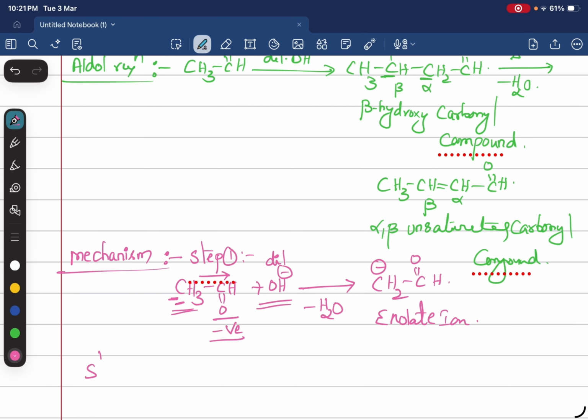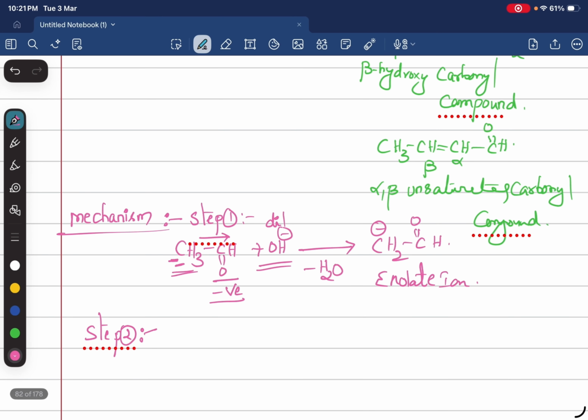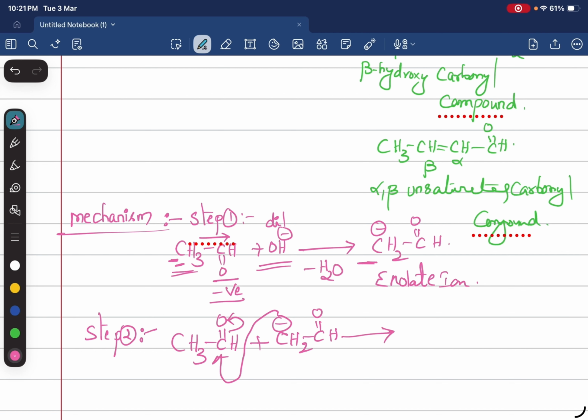This enolate ion is involved in the second step with another molecule of the same reactant, because here we took only the same reactant. This is the other mole, and what is formed here I am writing as CH2 minus CHO. So this one will attach to this one when this bond shifts over. Then what is the result?